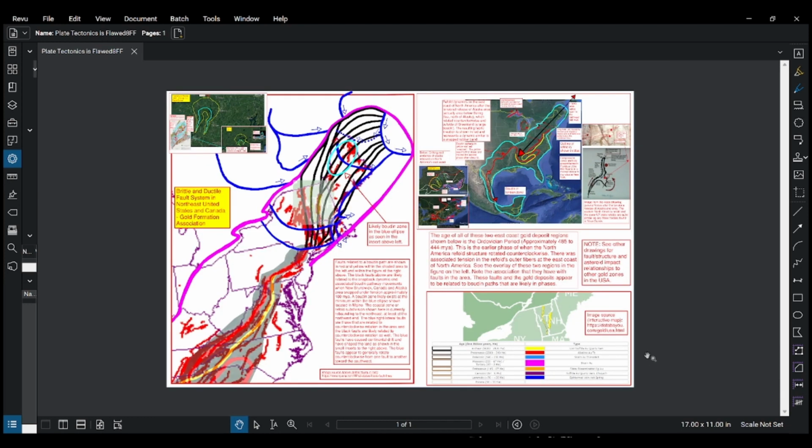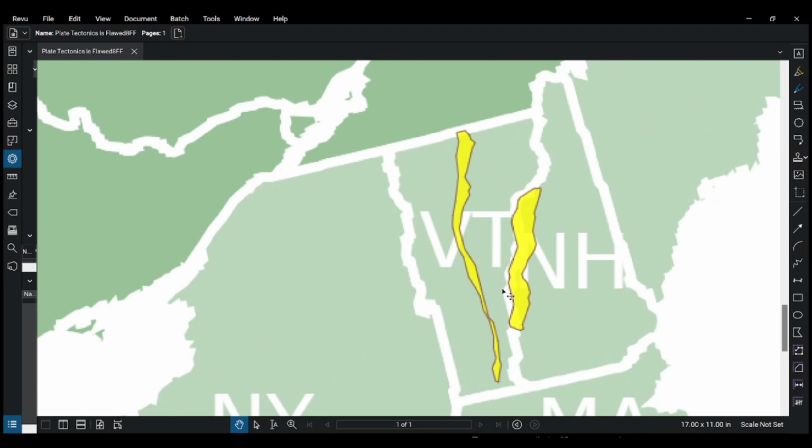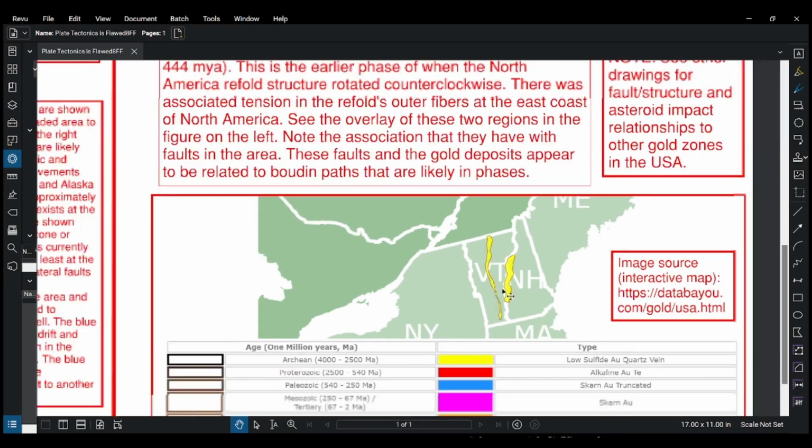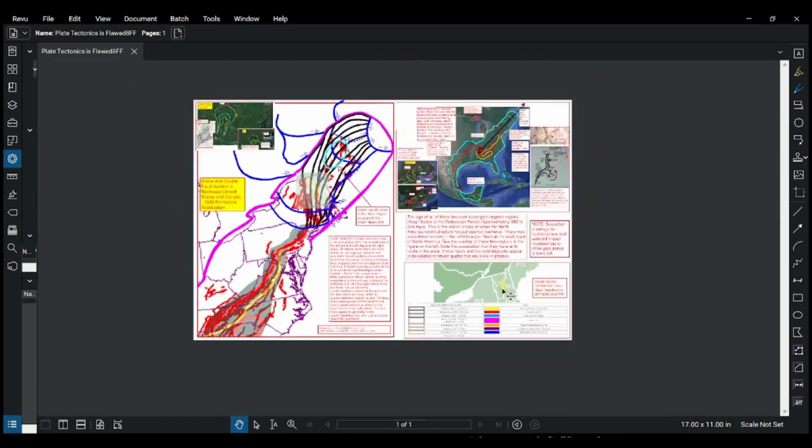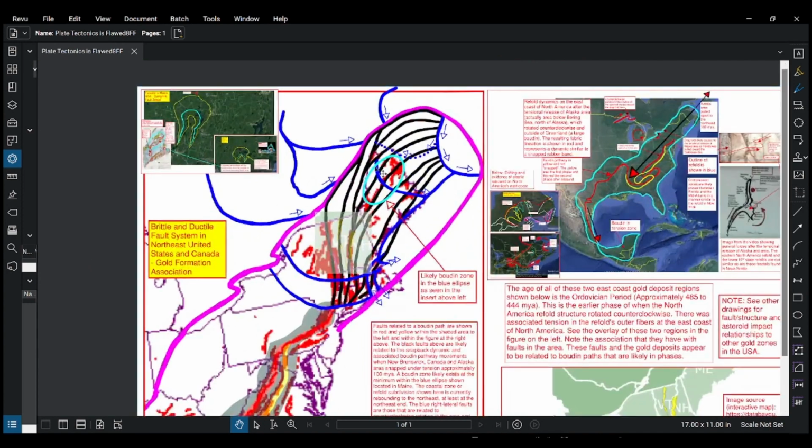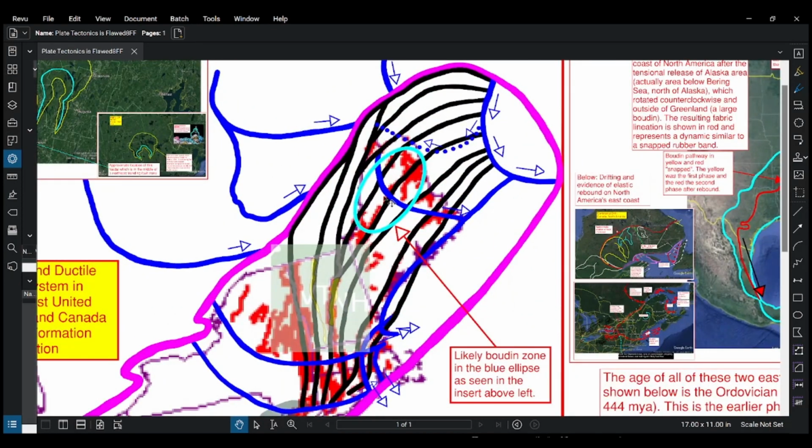Okay, what we have here, I'm going to describe another gold zone. See these deposits here in a thin lineation, so to speak, which are sure enough related to these faults, I guess, which are related to boudin movement from the snapping between the area around New Brunswick and what is now Alaska.